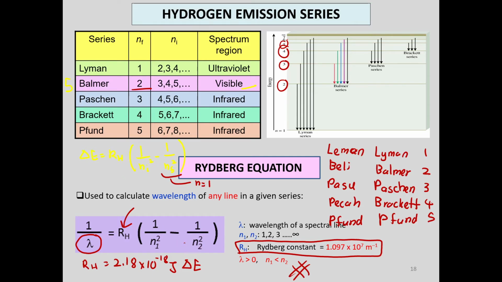Okay, contohlah dia adalah siri Paschen, so maksudnya Nf dia is equal to 3, and dia datang daripada 5. So N equal to 5. So you should letak here is 3 and here is 5. Sebab this is always that N2 is bigger than N1.